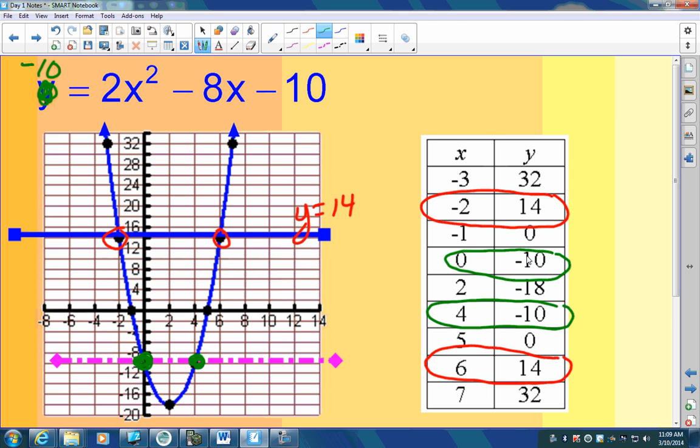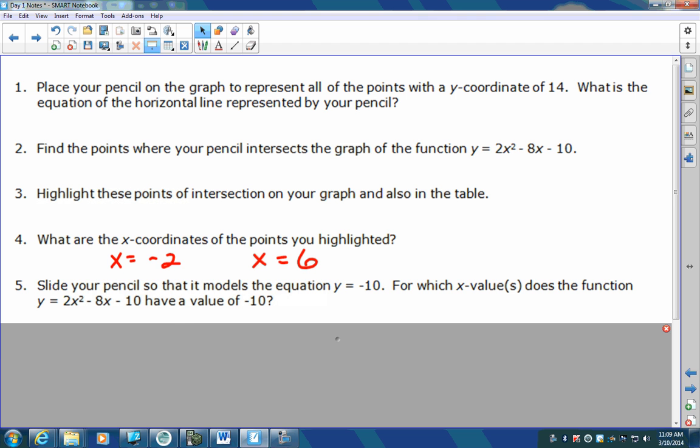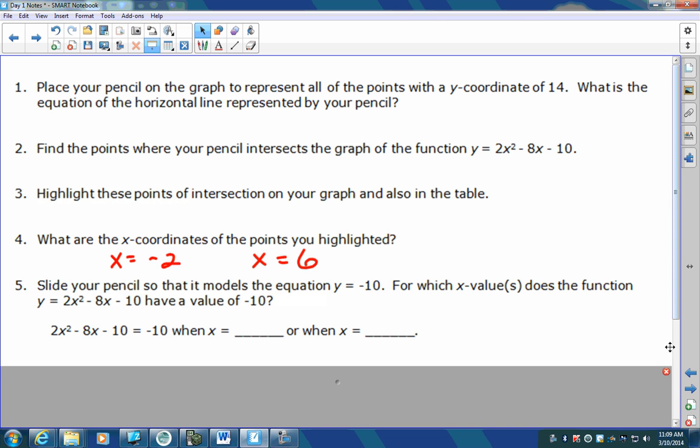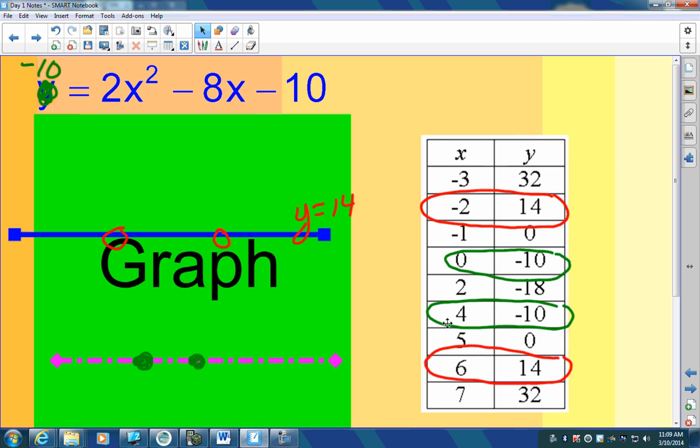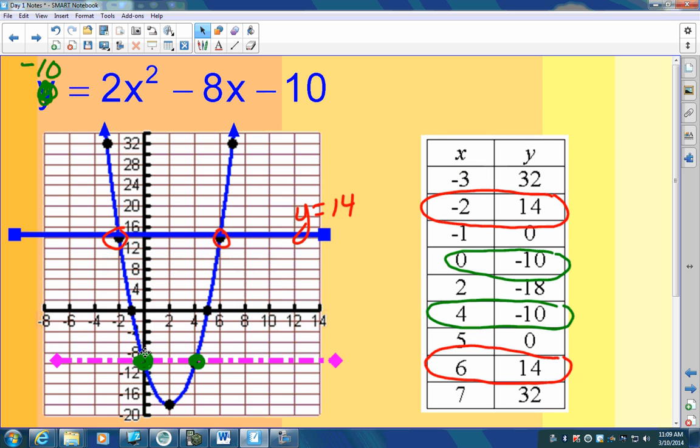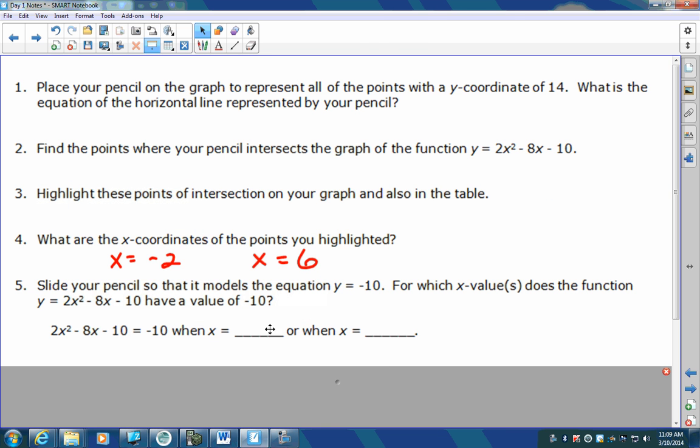That's what it's asking us to do on this graph. So for our answers, let's go back here. What was I supposed to have? My x numbers are 0 and 4 because it's crossing where x is 0 and x is 4. So on our answers right here, we're going to have x is 0 and x is 4.